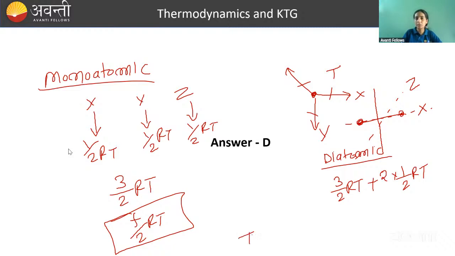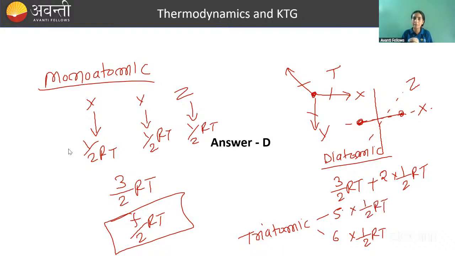And if you talk about triatomic, triatomic के लिए मैंने तुम लोगों को बताया कि if molecule is linear, then it will behave like diatomic. That is, it will have 5 degrees of freedom. So total energy for 1 mole will be 5 into half RT. And if it is non-linear, its degrees of freedom will be 6. And in that case, it will have total energy, how much for 1 mole? 6 into half RT. This will have 5 into half RT. So this is what I am trying to tell you.